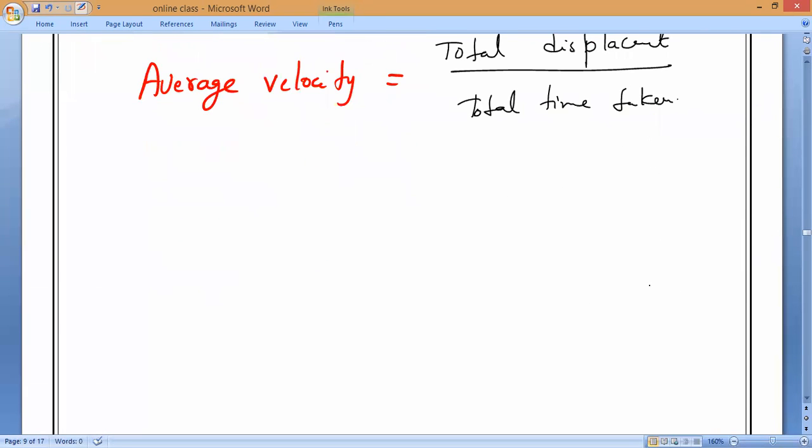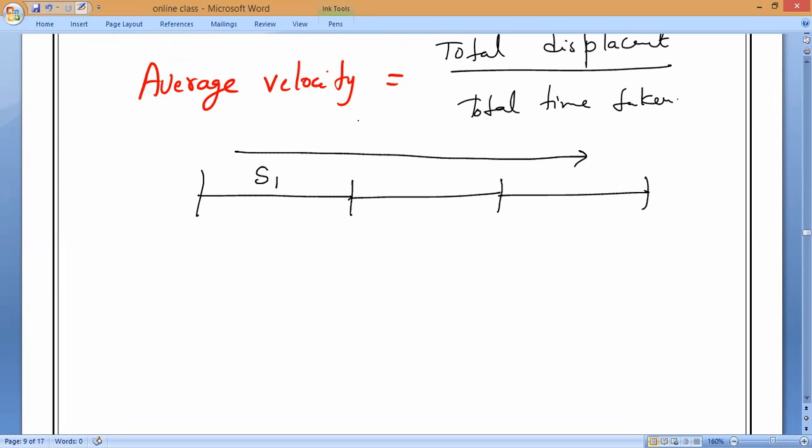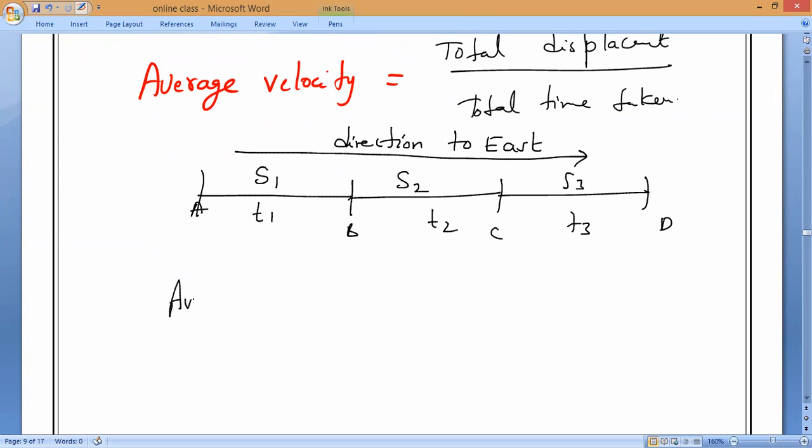Now take an example: A to B, B to C, and C to D. These are displacements in one particular specified direction, say towards east. This is S1, this is S2, this is S3, and the times are T1, T2 and T3. So now what can we get? The average velocity formula.